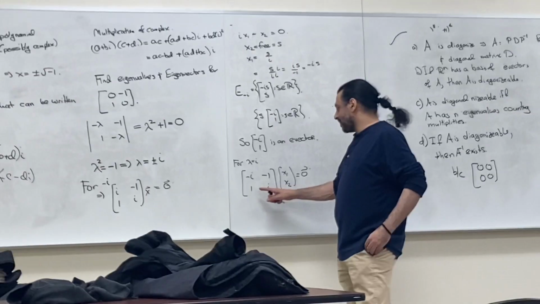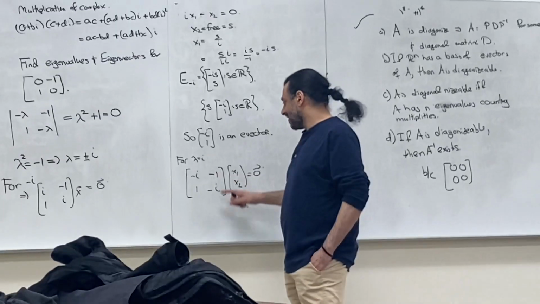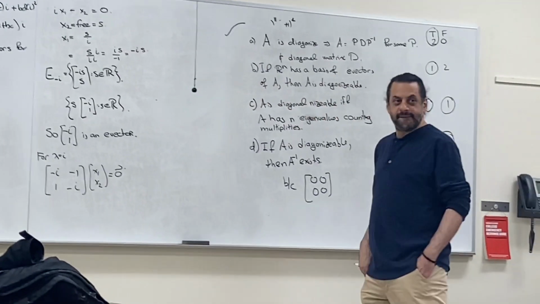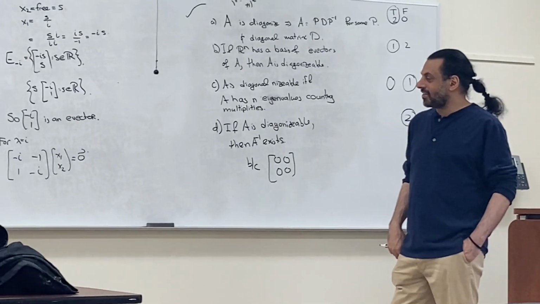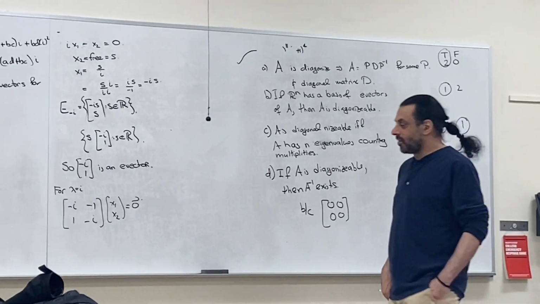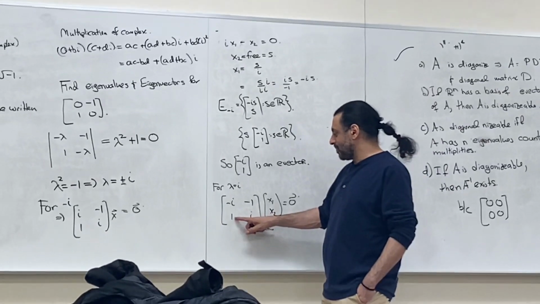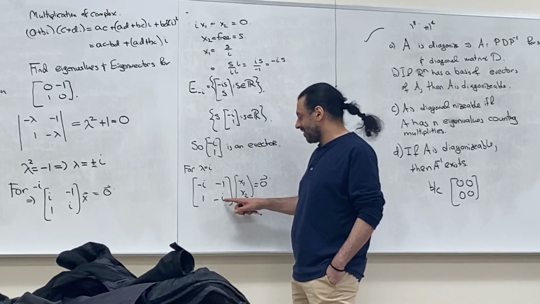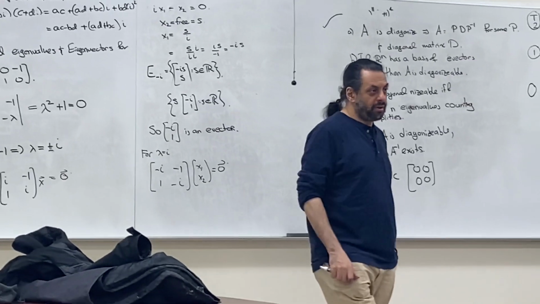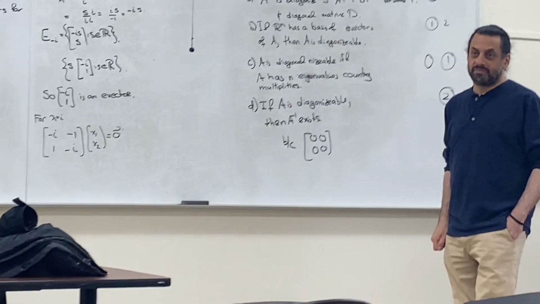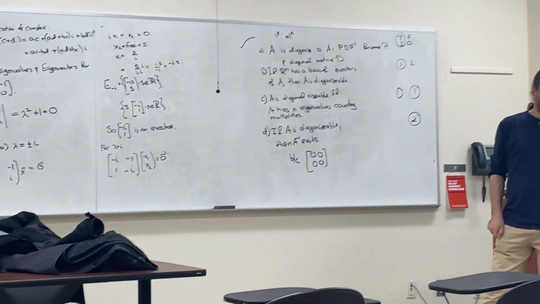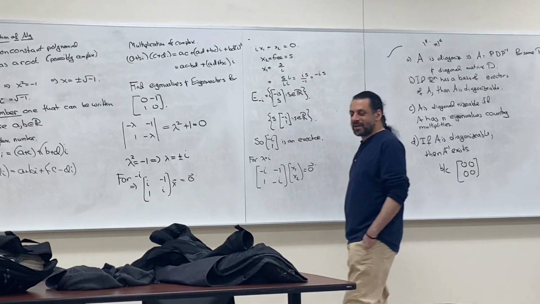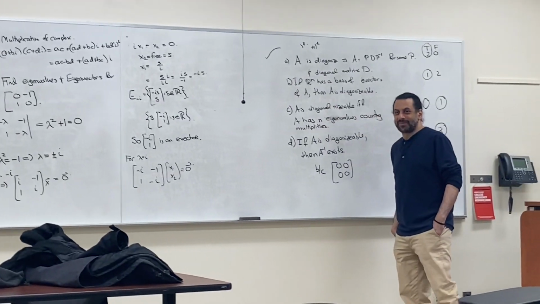Because what do I need to multiply 1 by to get minus i? Minus i times minus i is i squared, and i squared is minus 1. So one row is a multiple of the other. It's just an imaginary constant multiple.